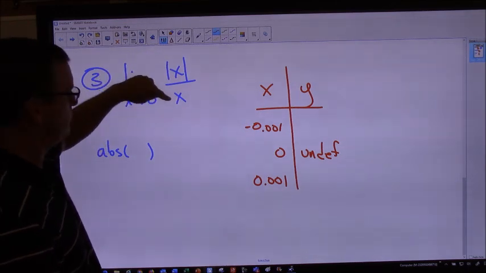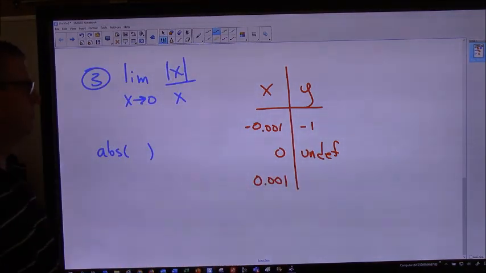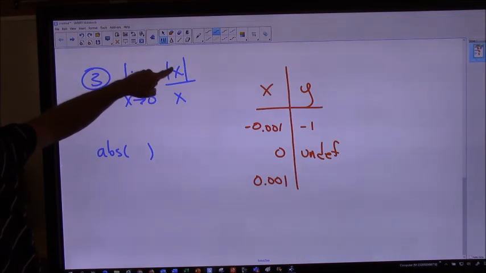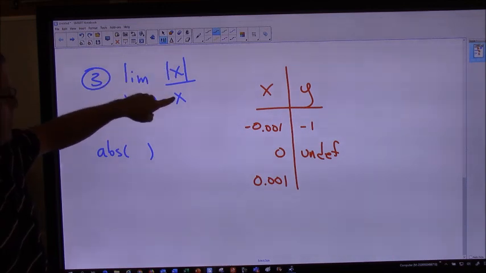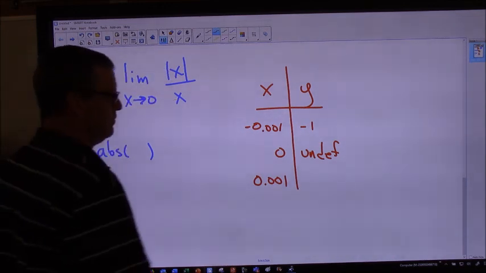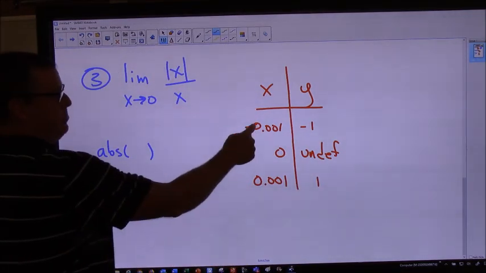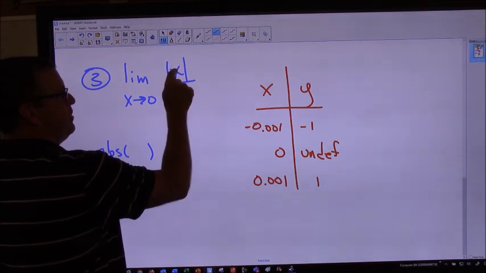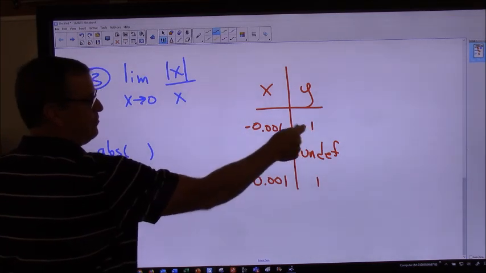This one's positive, this one's negative. I get a negative 1. And if I plug this number in, absolute value of 0.001 is just 0.001, and then divided by 0.001, I get a positive 1. So anytime I plug in a negative number, I'm going to get that positive number divided by a negative, same number, which will always equal a negative 1.